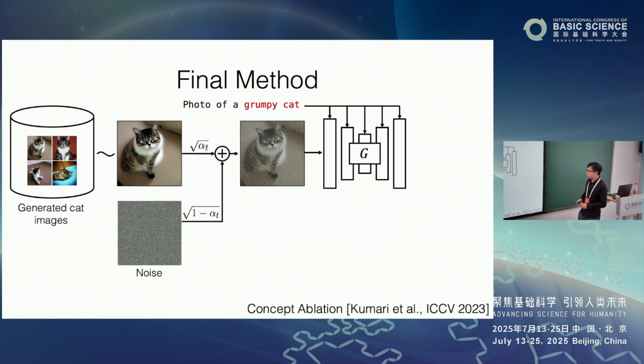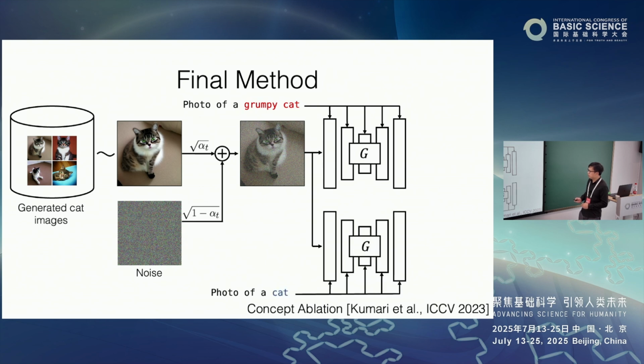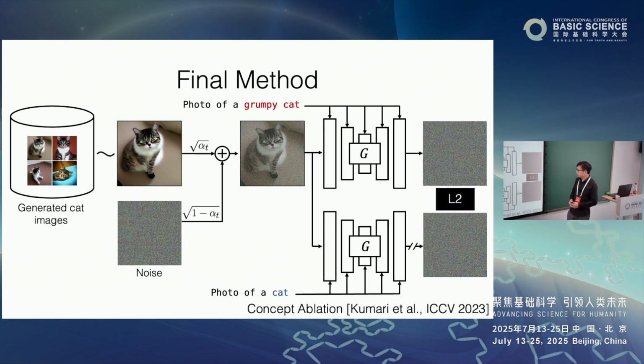You feed these images with the grumpy cat captions, and you feed exactly the same image with the cat captions, and you minimize the L2 distance between these two predictions. We add a stop gradient here, because we want to make the grumpy cat noise look more like the cat noise, not make the cat noise look like the grumpy cat noise. So we only backward gradients through this branch.